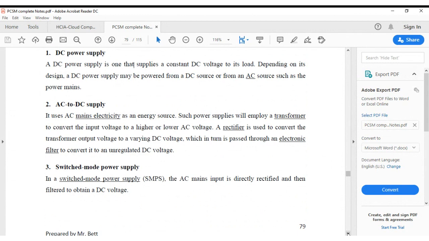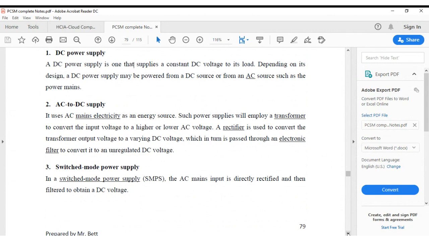Now, you find in this AC power supply, which is mostly found in most of the PC, we have an AC to DC, whereby it gets power from the main source, then it has to be converted into DC. And inside that power supply, we have a transformer. Now, a transformer converts the input voltage to a higher or lower AC voltage.